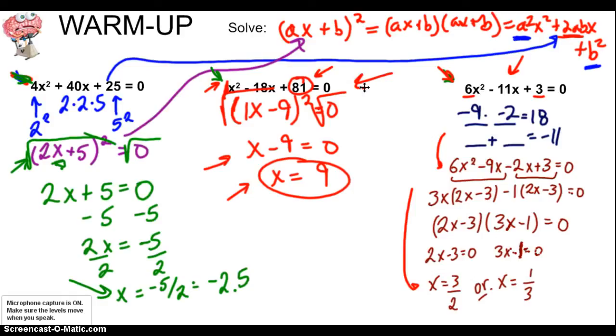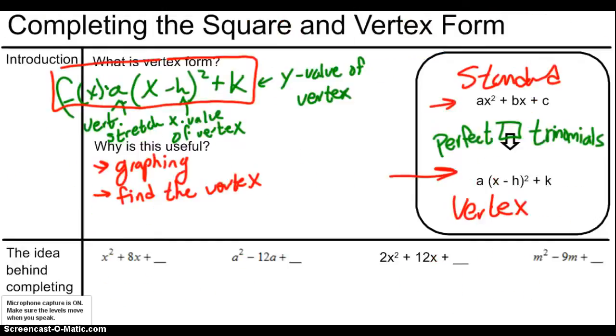They had pretty big numbers, like 4x squared plus 40x plus 25, but there was a process where we had no factoring. And if we could somehow get our quadratic equations to look more like they do in vertex form, then we wouldn't have to factor at all. We could solve an equation with no factoring, and that means it wouldn't matter what the numbers were or how big they were, we could still solve any quadratic equation.